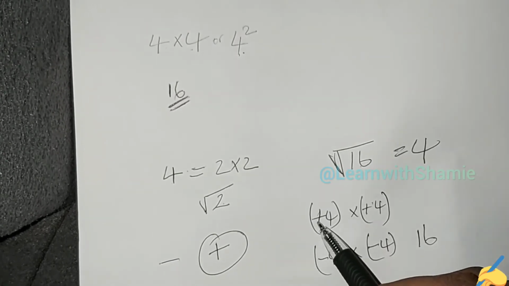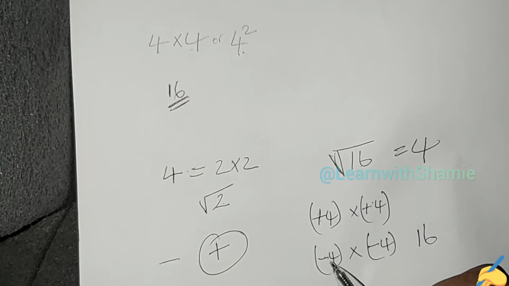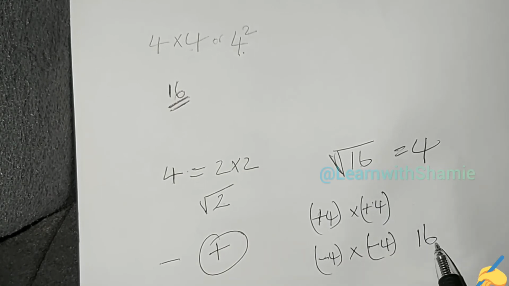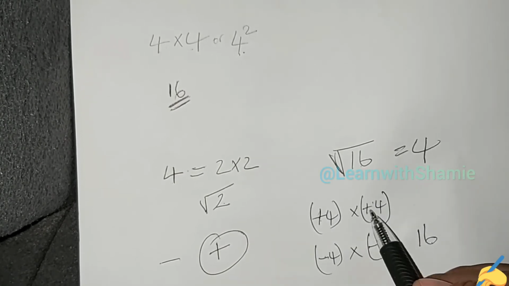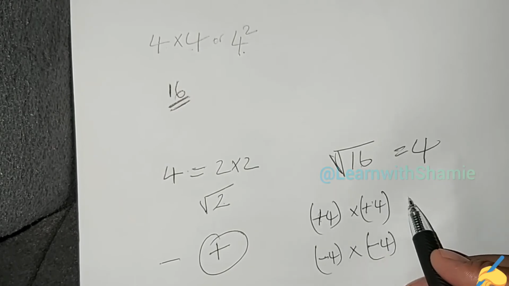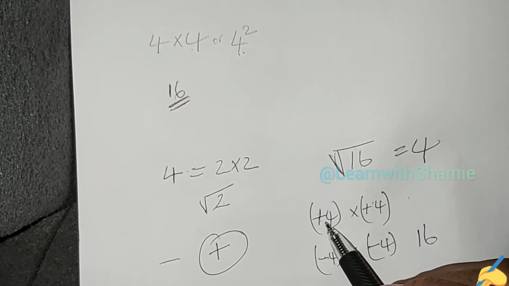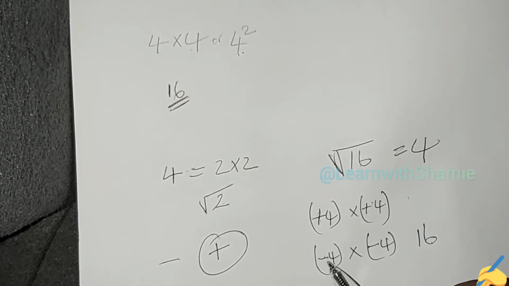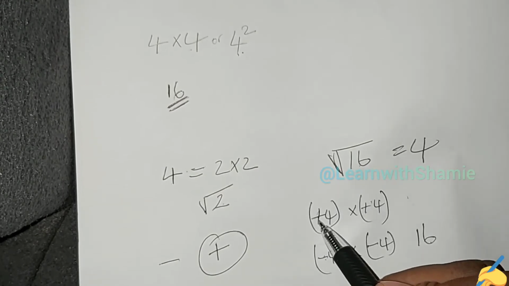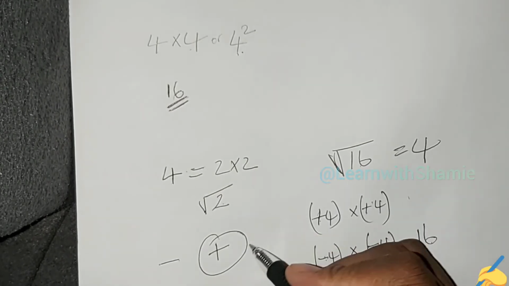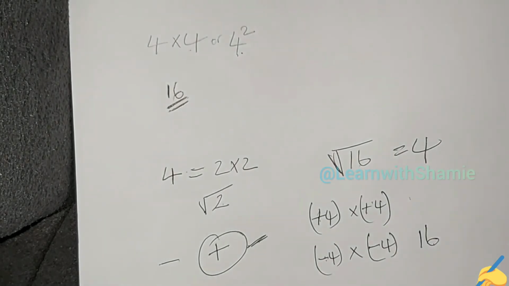So it could be either negative or positive, because negative times negative gives a positive number, and positive times positive will always be positive. So the square root of a number can either be negative or positive, but we only need to use the positive square root.